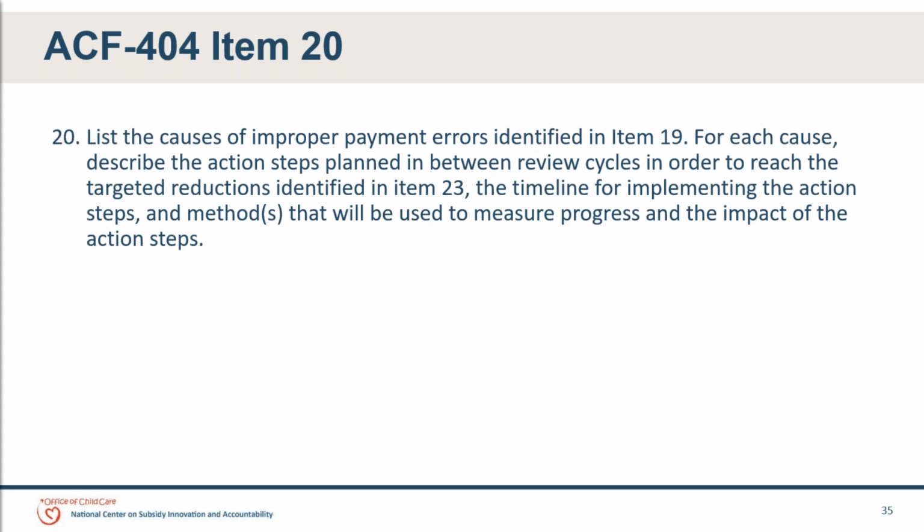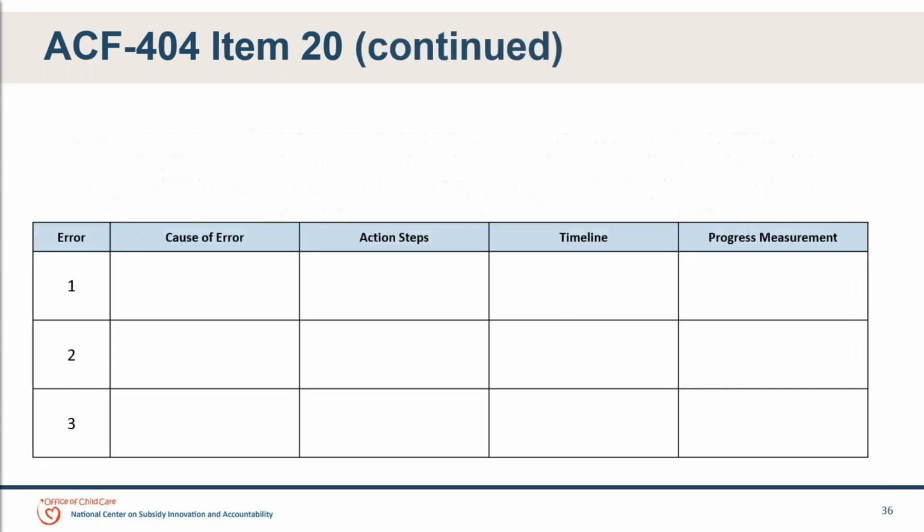Item 20, again, asks for a list of the error causes. And here you'll give your plans for reducing the errors. You'll describe action steps, timelines, and the methods you'll use to measure the progress and impact of your action steps.